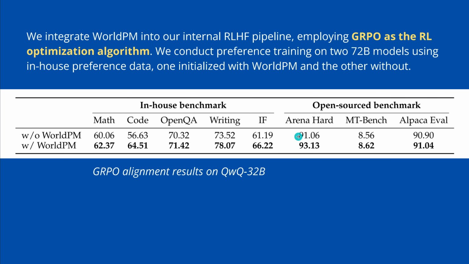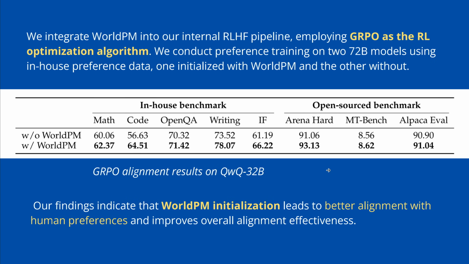Now you might ask, okay, from 91 to 93, but this is already close to 100, so I think it's quite impressive what they achieved, no? Yeah, they did GRPO alignment here on QwQ-32B, never mind.